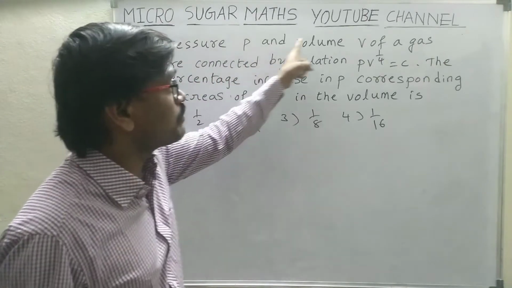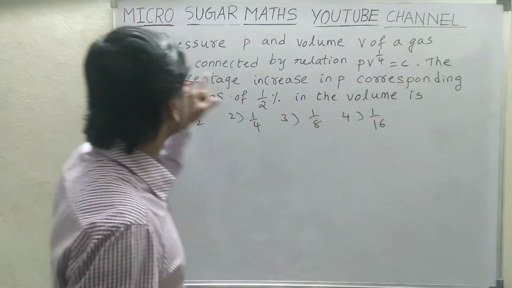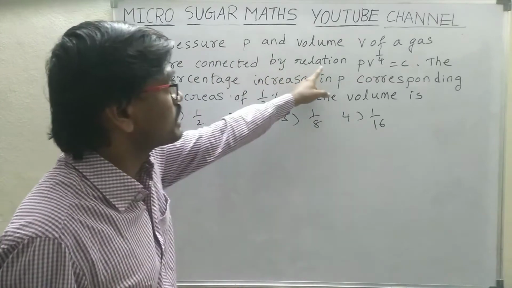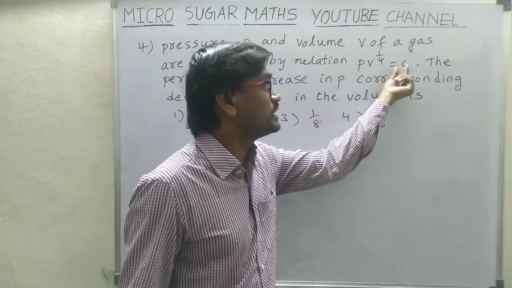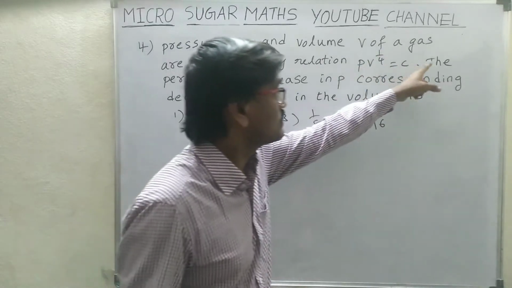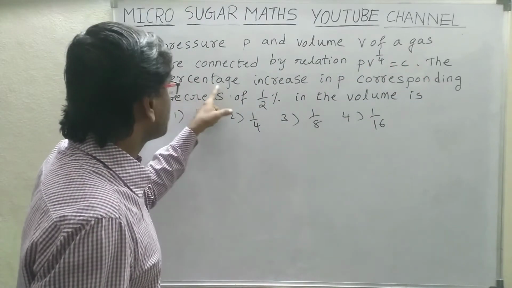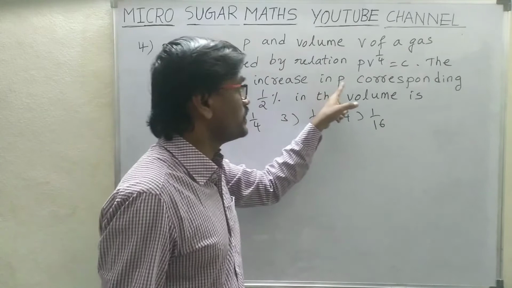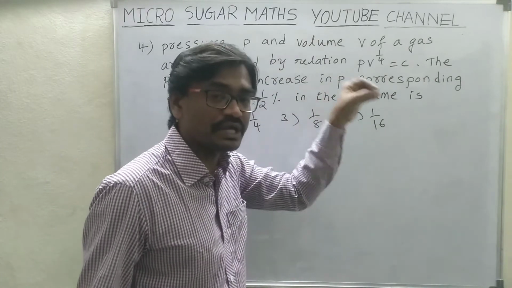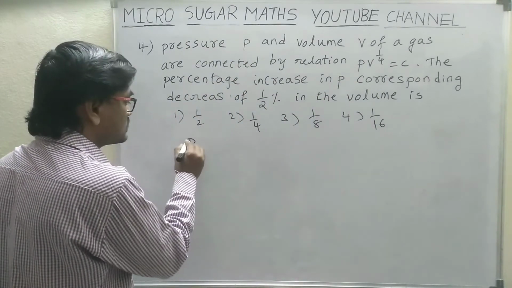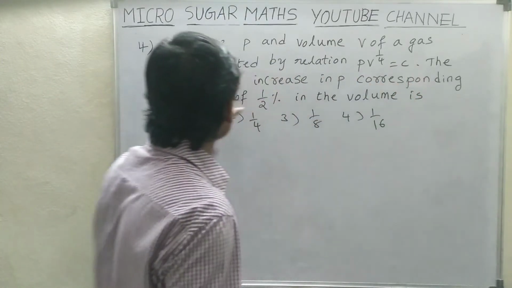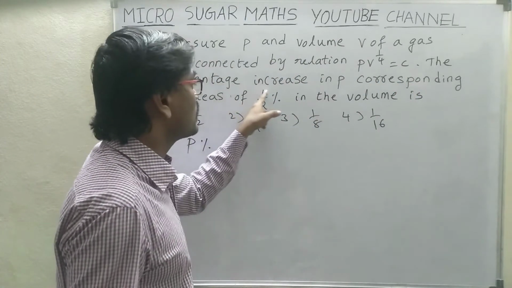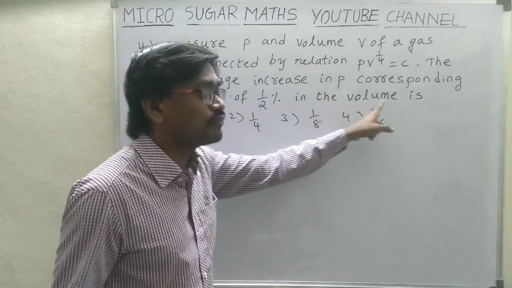Students, our next question. Pressure P and volume V of a gas are connected by the relation P V power 1 by 4 is equal to C. The percentage increase in P, means we need P percentage, corresponding to a decrease of 1 by 2 percentage in volume.